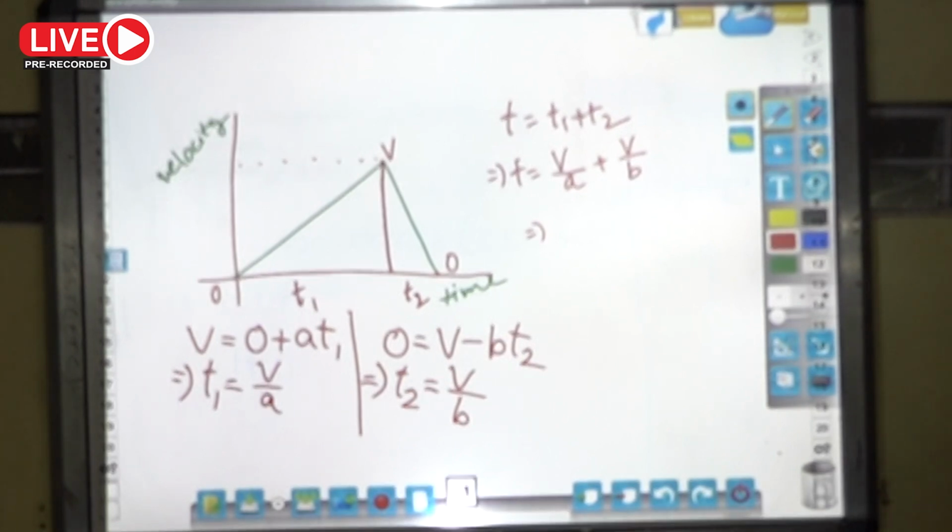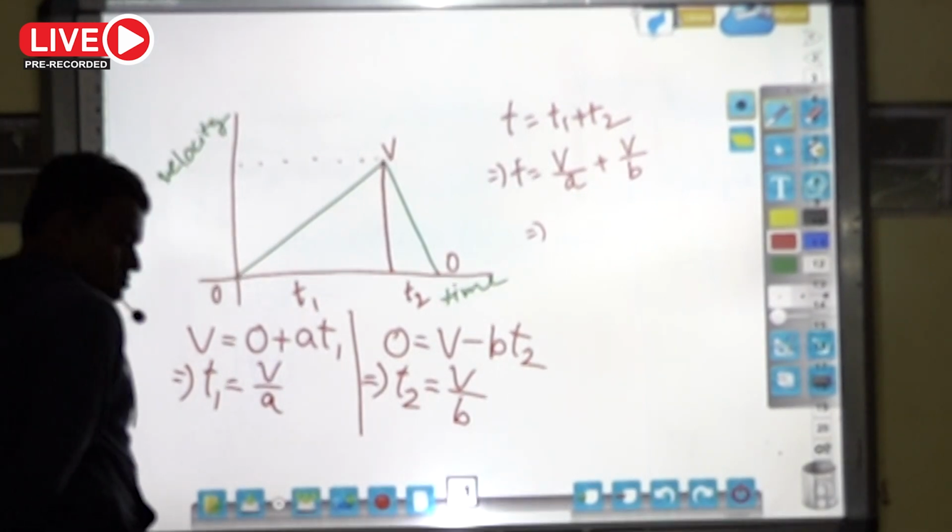Option D, 60 meter per second. It is considered that the platform is sufficiently high such that the balls will not reach the ground within 18 seconds.